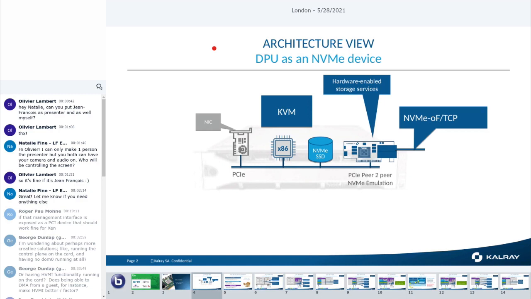GPU Direct allows connecting an NVMe, a PCI HBA, NIC or drive with a GPU to go fast, because the bottleneck is x86. This is exactly the same here. We want to bypass the x86 and not have it in the data path at all. So peer-to-peer will allow that connection between any NVMe SSD and the card itself. That way, the card will control the drives as if they were internal drives.